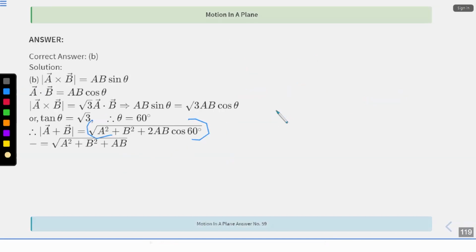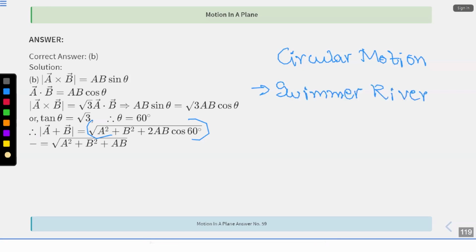So with this, we have covered all the questions or most of the PYQs, so let's have a recap of the concepts we covered today. We had a maximum of circular motion concepts, okay, and then we had swimmer river problems. There were varied problems, like there were ships, there was a boat and everything. Another concept that you could try is the rain man problem.